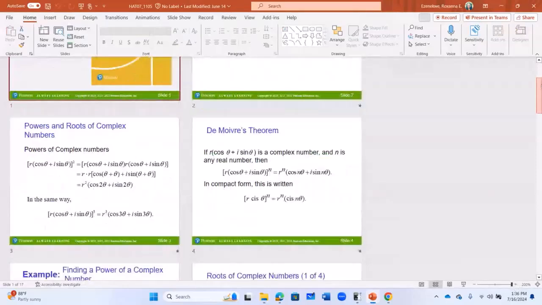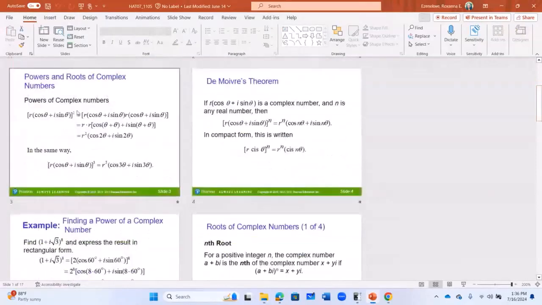Okay, so we just did one, we multiplied. When you are given a power, you multiply, that's what we just said. Multiply the modulus by modulus, all right? So remember we expanded it, but now we multiply modulus by modulus, and then you add angle by angle.